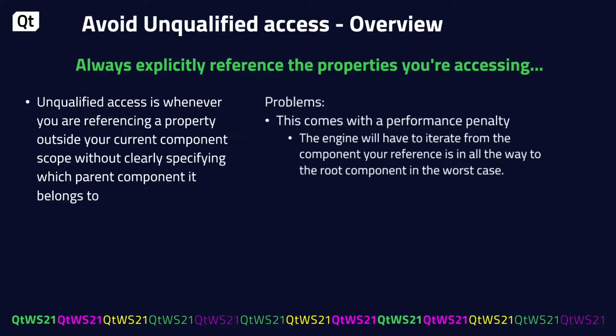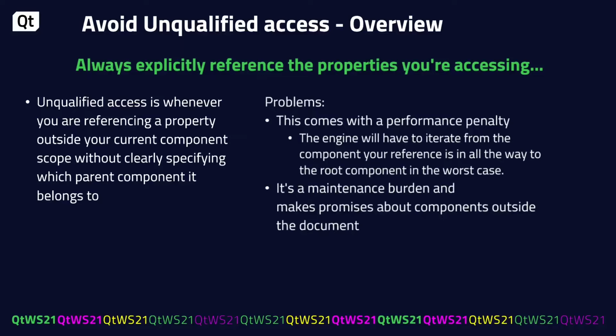So if you're, for example, referencing a property in your application window and you're down in some button that's nested deeply inside of a big UI application like a car dashboard, the engine will have to iterate through all these parent scopes until it gets to your property, and it might have to do that several times until it gets cached. So that's one of the reasons you should definitely avoid that.